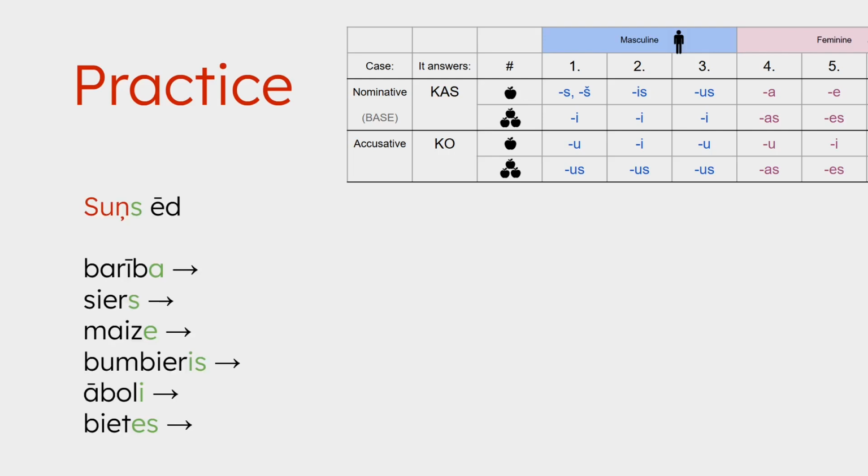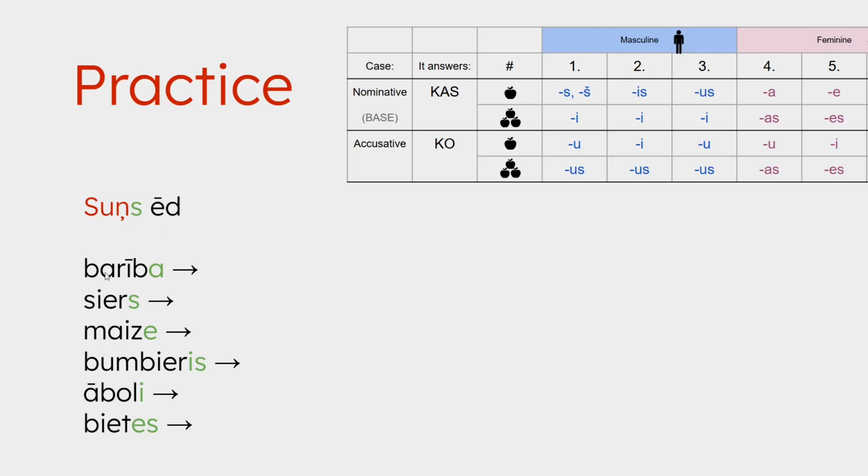Now let's practice with syns ed. So we have our nominative, our dog, and he's eating. But when we add what he's eating, it has to be kua, it has to be the object, because the action is happening to these things. Now these are all currently in nominative case, but because the dog is eating them, the action is happening to them, we have to make them into accusative case.